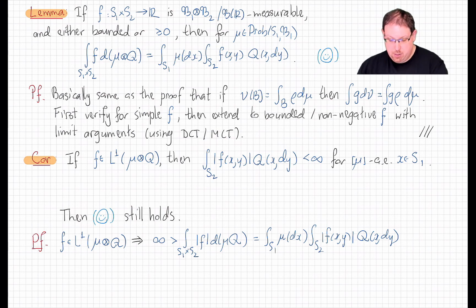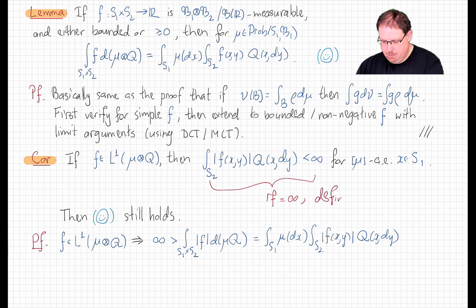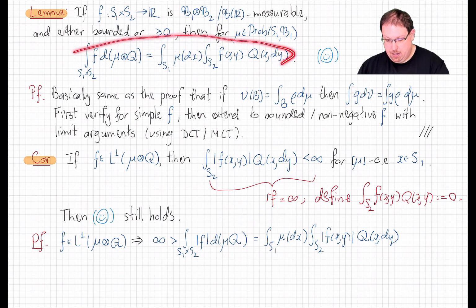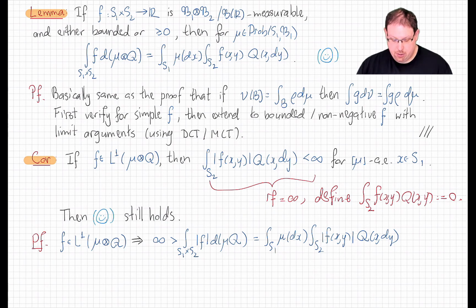So what we do is we redefine this integral and say that the integral of the non-absolute value function against q for such x's will just be defined to be 0. If we make that redefinition, then this formula will still hold for integrating all L1 functions.